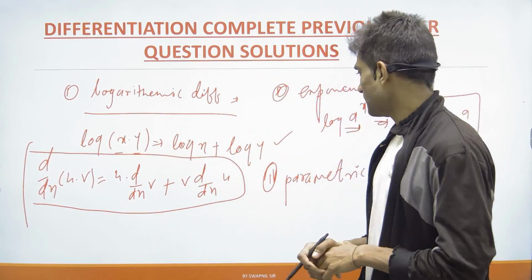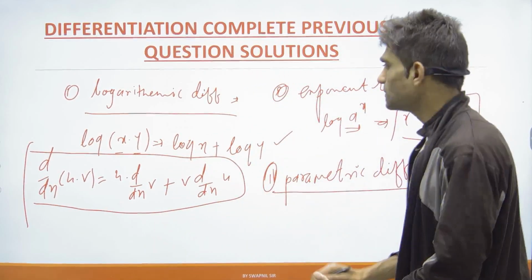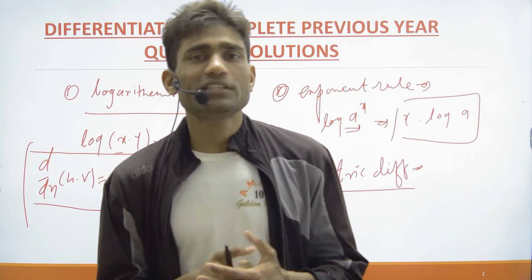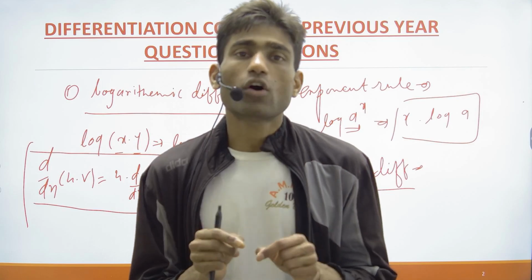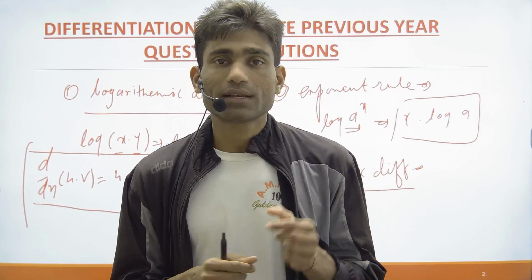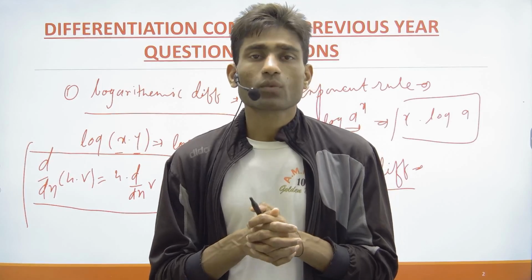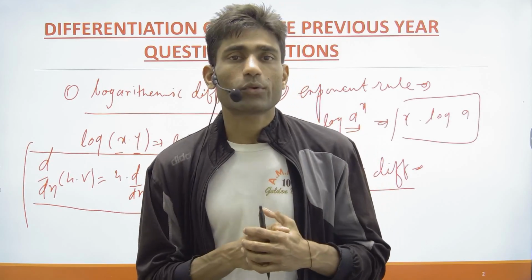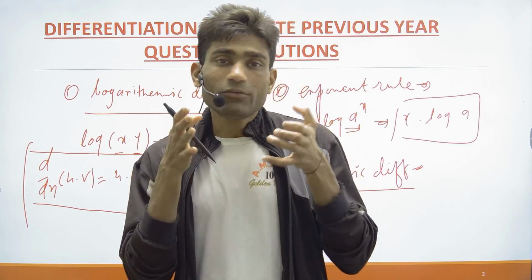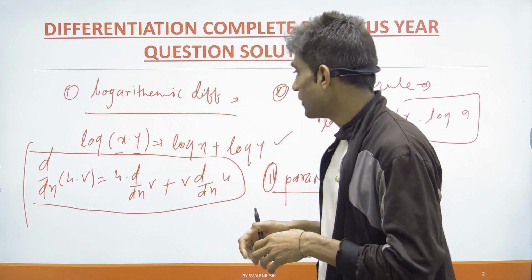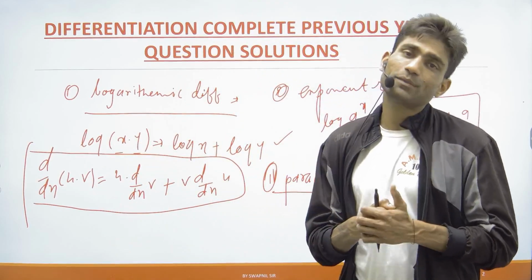So what is meant by parametric differentiation? Till this moment we have differentiated our function with respect to x or with respect to y. Now what happens if we differentiate a function with respect to a function?